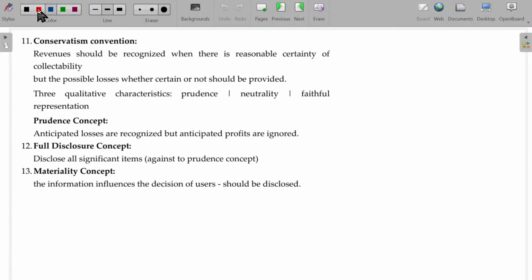Now, conservatism. We have revenue, income and expenses. What the conservatism concept says is very important. As per the conservatism concept, income will be shown or recorded on confirmation.